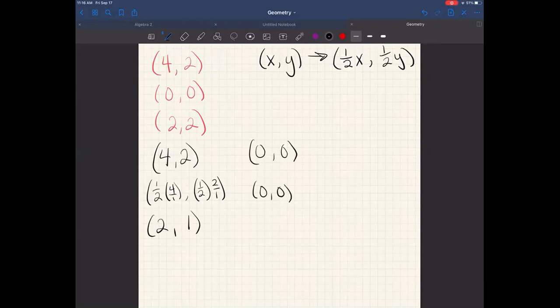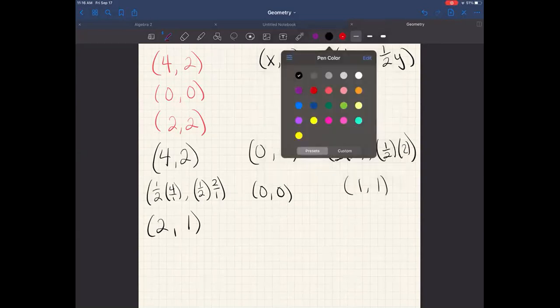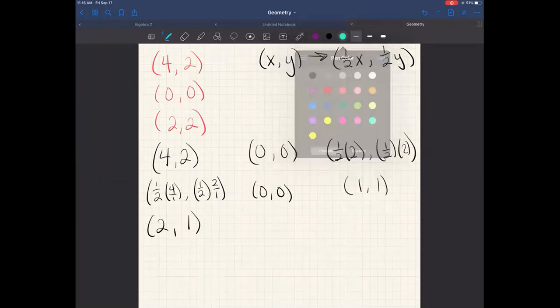I'm not going to waste too much time doing that. We all know that anything times 0 is just 0. And then we have 1/2 times 2, 1/2 times 2, which we already figured out is 1, so it's 1, 1. Now I'm going to go back to my picture.